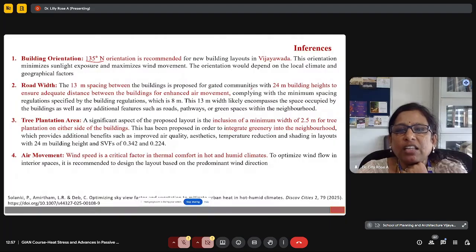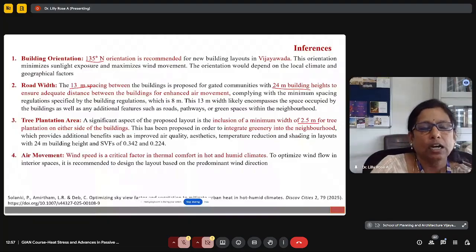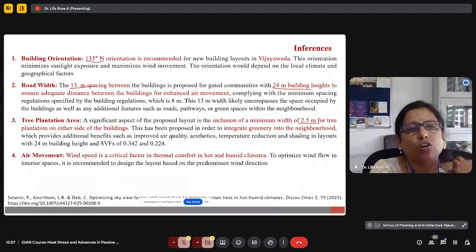And generally, these gated communities had a maximum building height of 24 meters. So a 13-meter spacing was suggested between buildings, which will include 2.5 meters of spacing between buildings and the vehicular movement or the road.